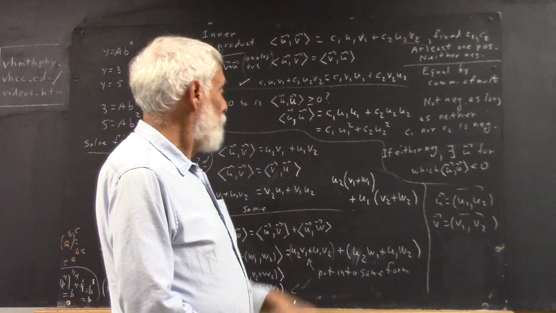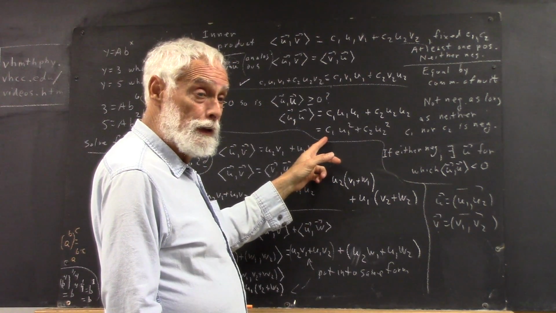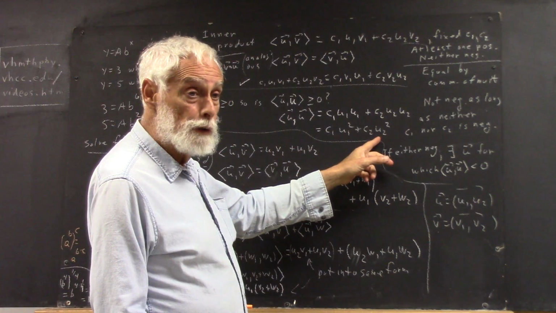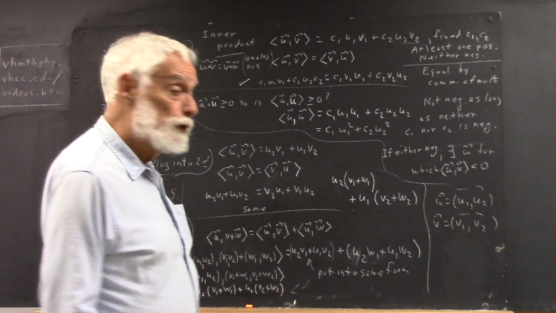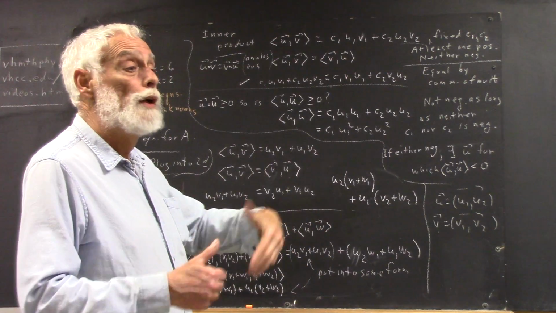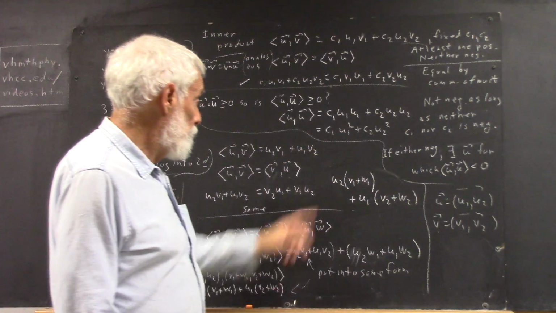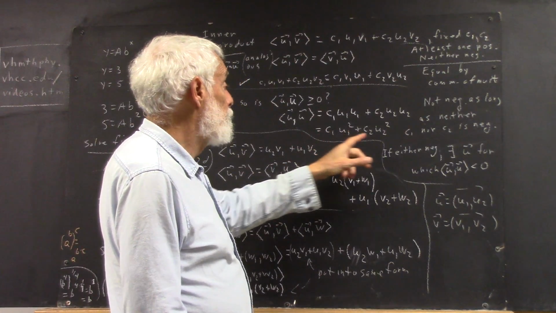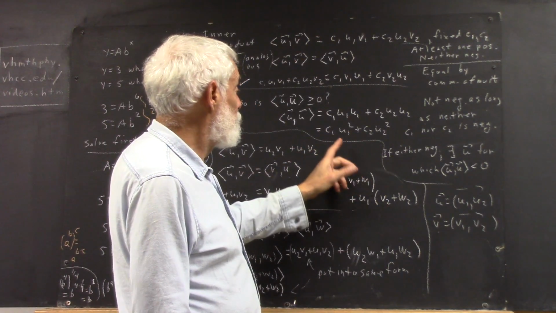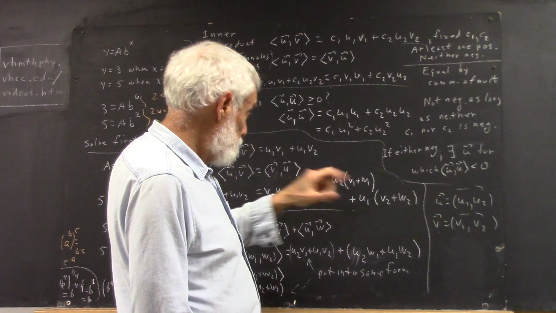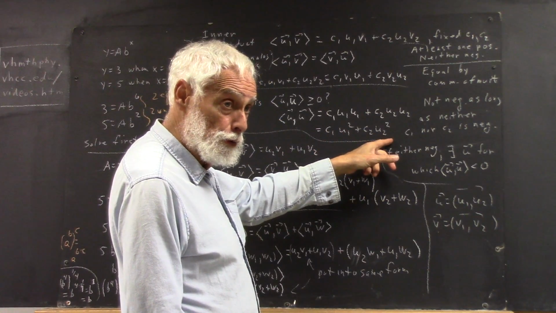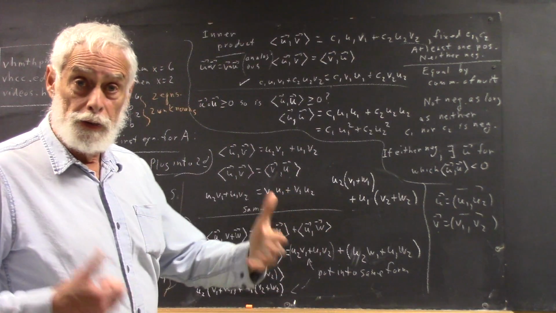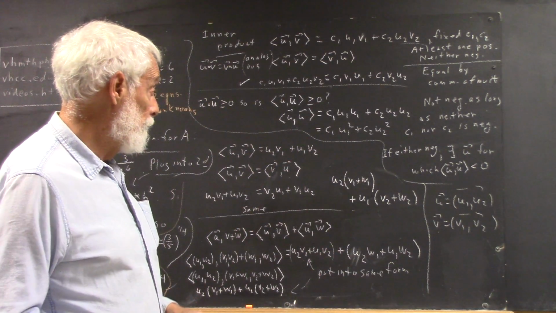For example, if C1 happens to be negative, just let U1 be anything but 0, and let U2 equal 0. That's a perfectly good vector U, the vector (1, 0), for example. Well, C1 is negative, so that's going to give you a negative. So if either C1 or C2 is negative, we can select U1 and U2 to make the inner product negative, so the inner product is not always non-negative.